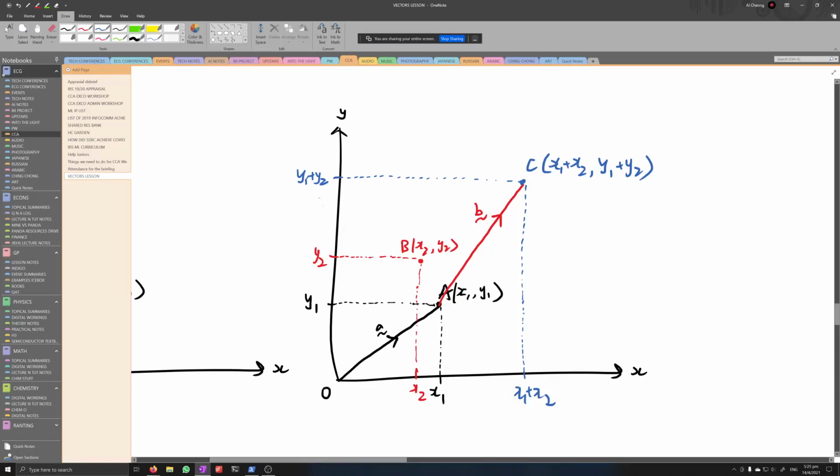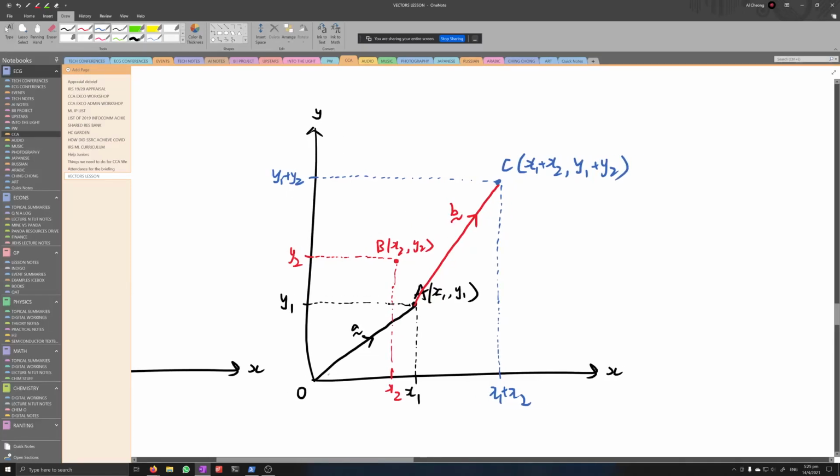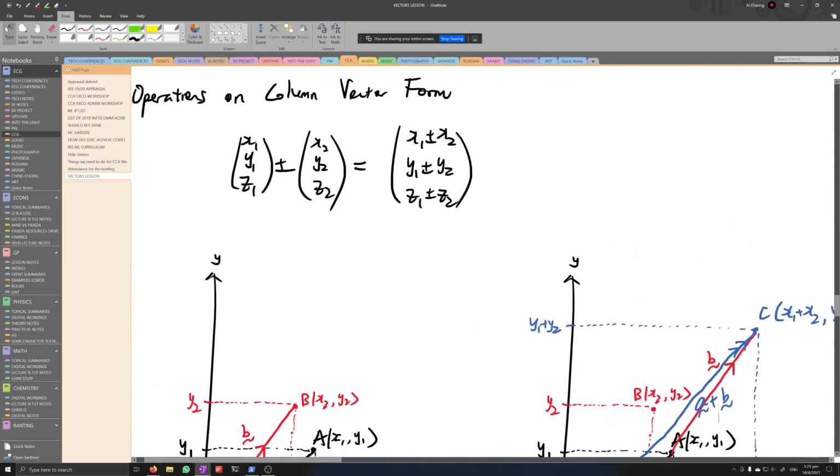Okay? Then basically your resultant vector will go like that. So that is a plus b, like so.